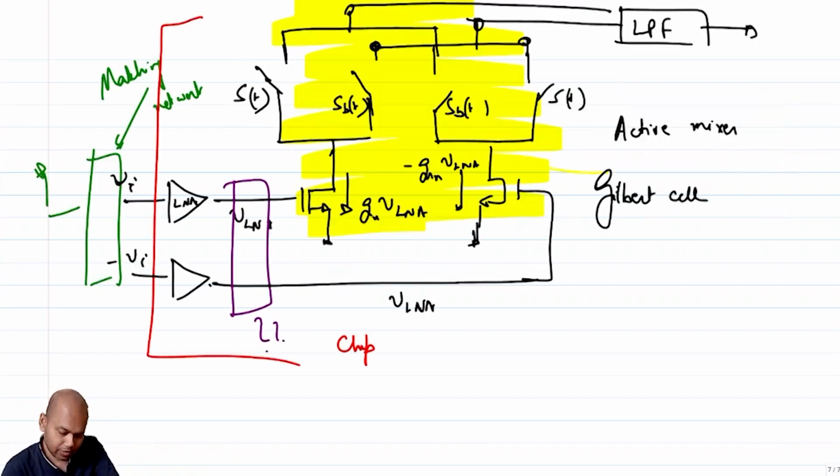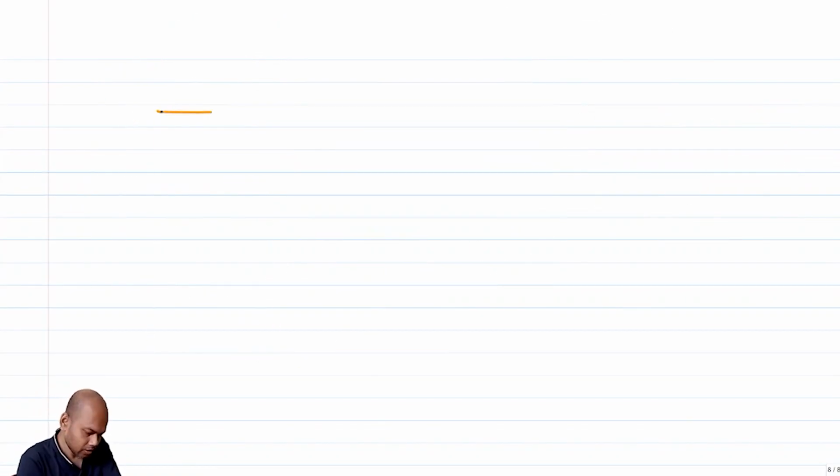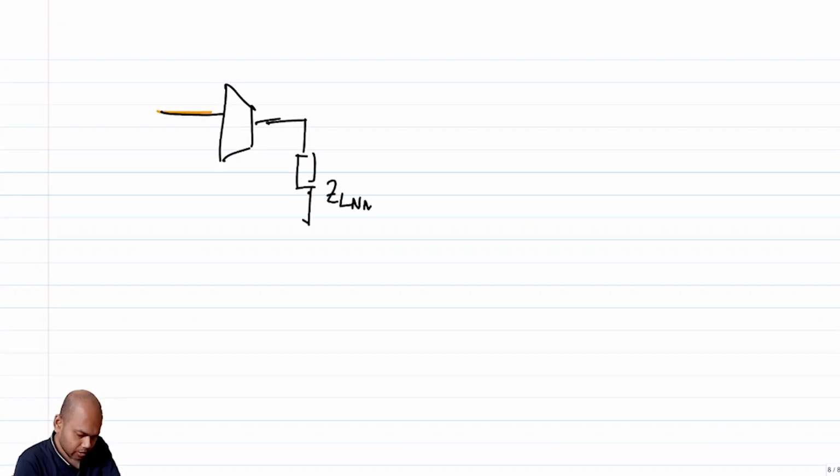You can as well have a scenario in which ZLNA is lesser than, for the in-band signals, whatever lies on the other side of the mixer, right? So no harm done.